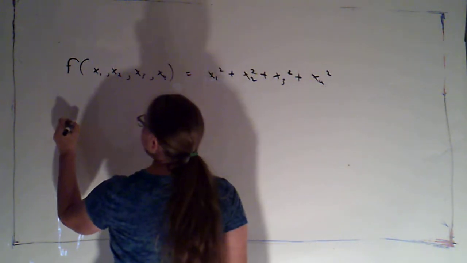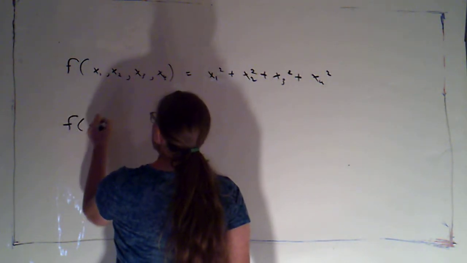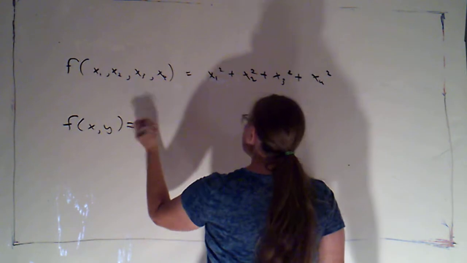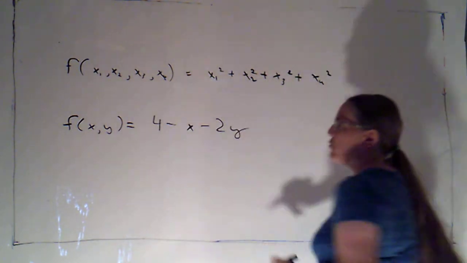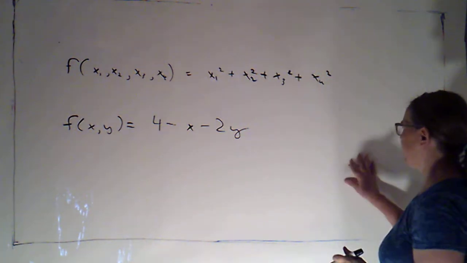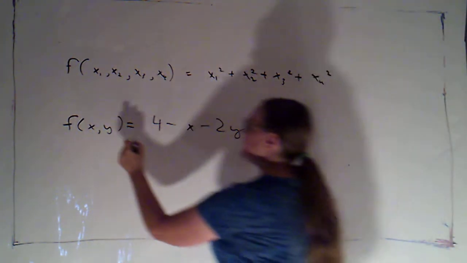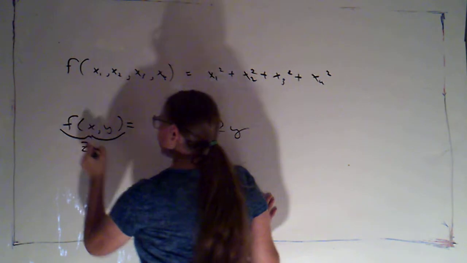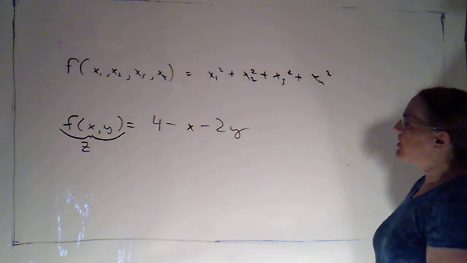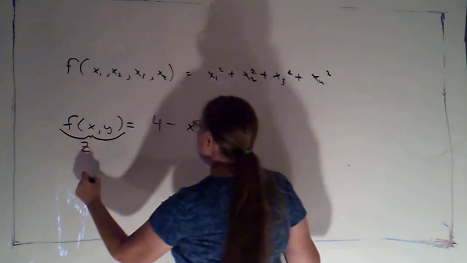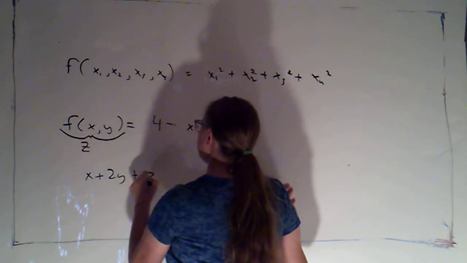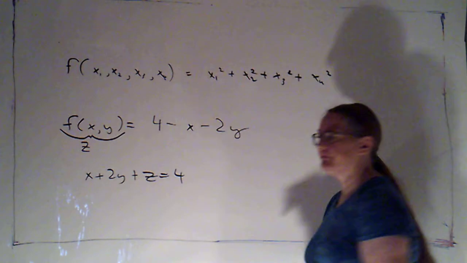But if I have something like this, f of x y equals 4 minus x minus 2y, remembering that this is just a name for z, I could rewrite this as x plus 2y plus z is equal to 4.